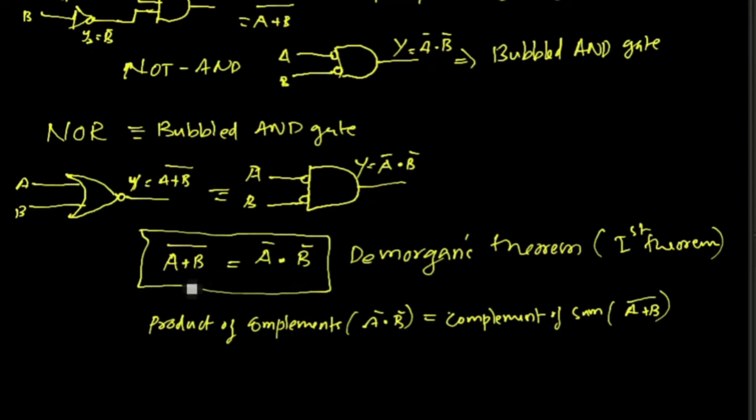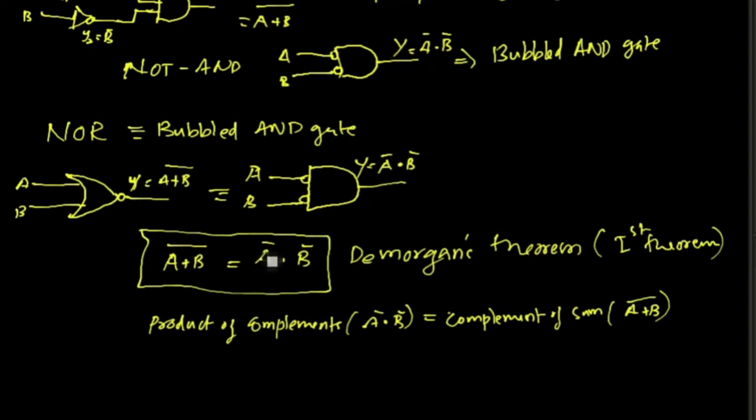So when we take the logical OR operation and complement it, it will be identical to taking the complements of the inputs first and doing the logical AND operation. That is De Morgan's first theorem.